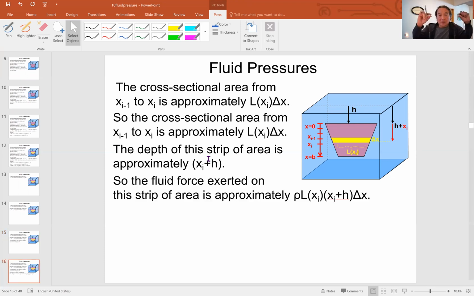I imagine these little strips are horizontal, with the same pressure, so I have this formula: the area times the height times the density of the fluid.